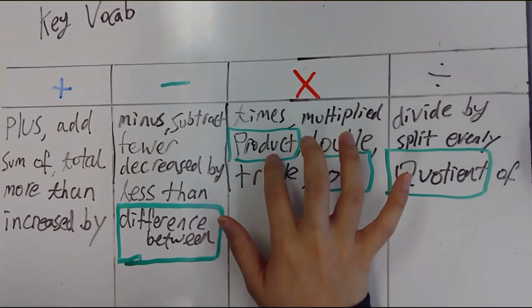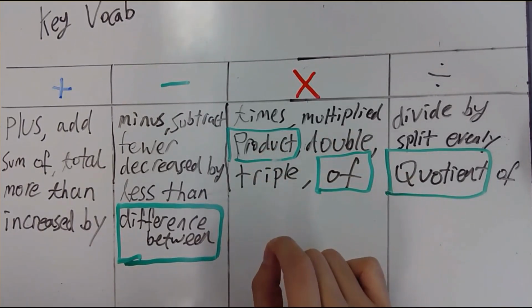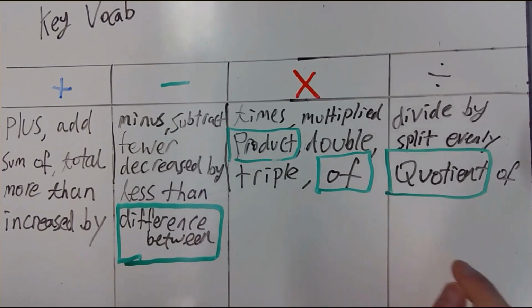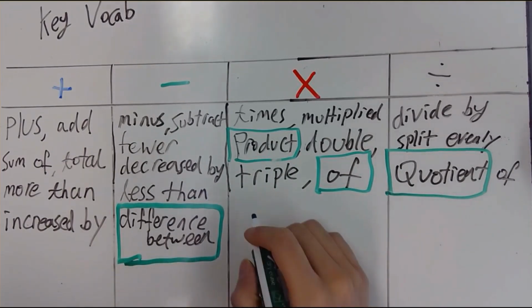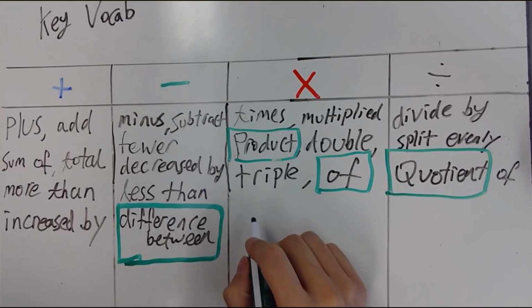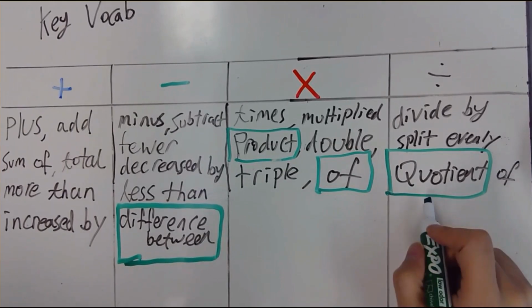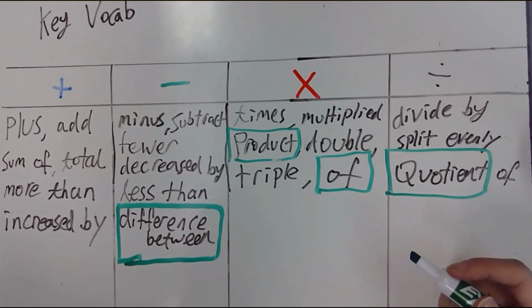The product simply means the answer of multiplication. So the product of 2 and 3 just means 2 times 3. And the quotient is simply the answer to a division question, so the quotient of 6 and 2 is 6 divided by 2.